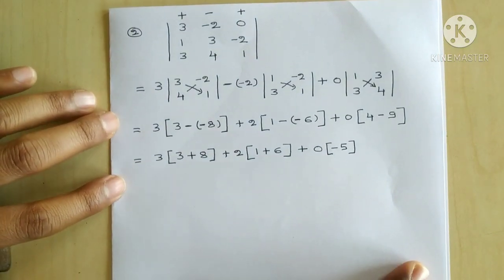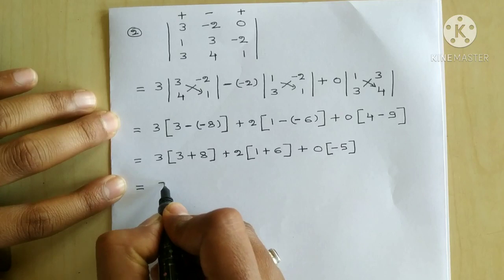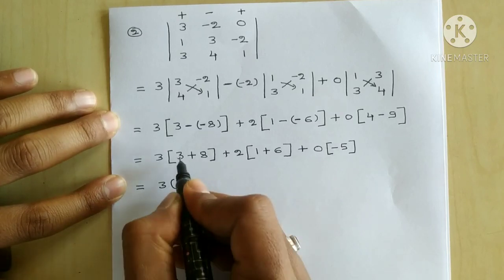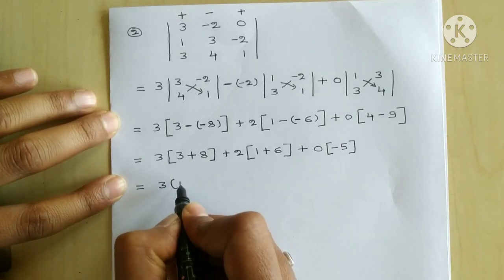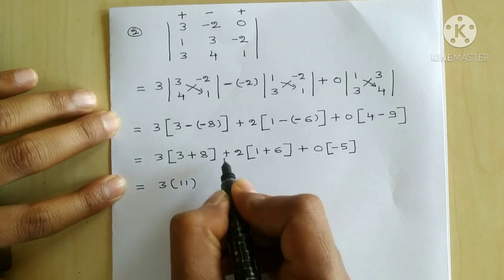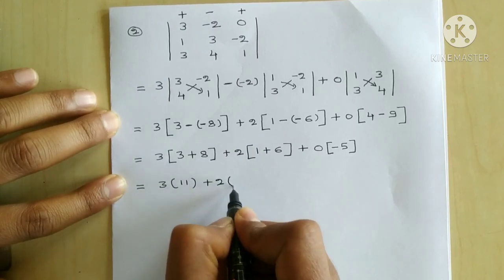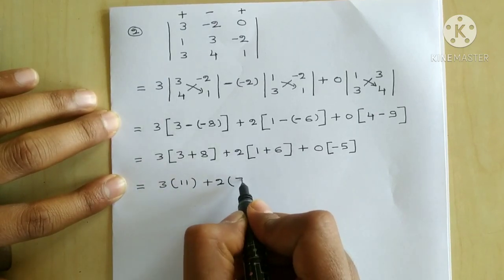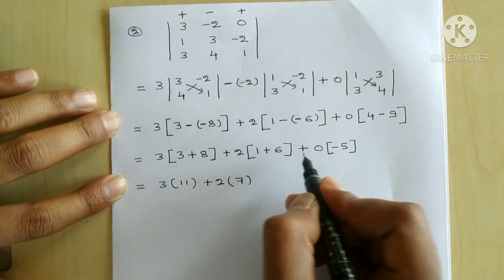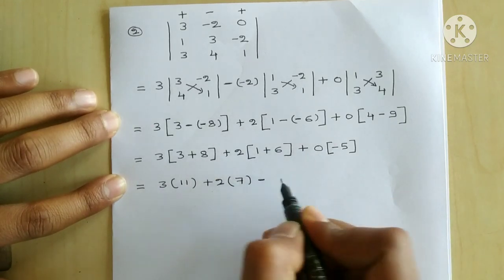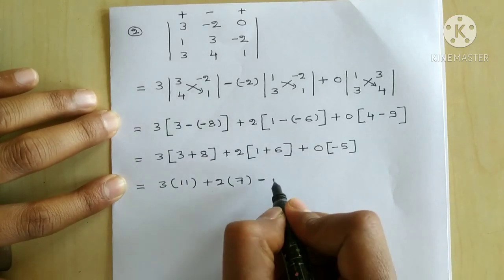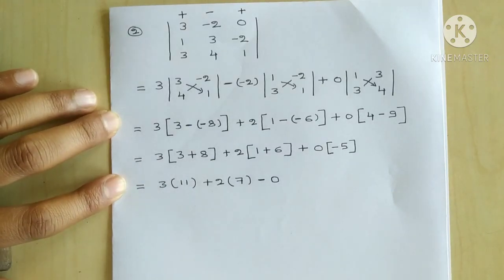So next, which is equals to, 3 you keep it as it is, 3 plus 8 is 11. Next, plus 2 keep it as it is, 1 plus 6 is 7. Next, plus into minus is minus, 0 into 5 is 0.